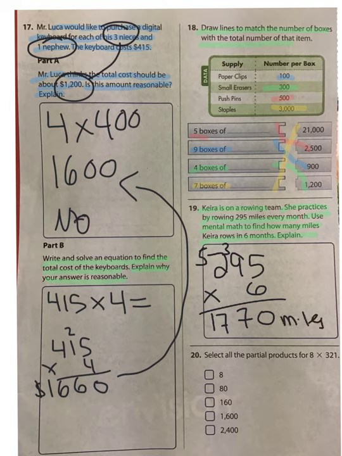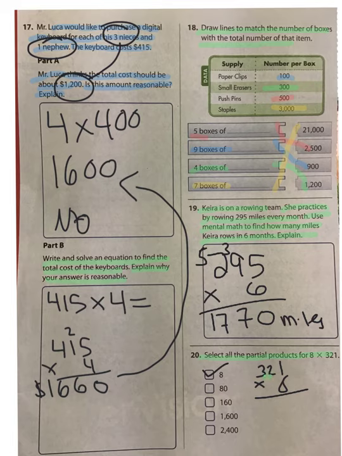Number 20. Select all the partial products for 8 times 321. If we're going to use partial products, we would have 321 times 8. So first we would multiply 1 times 8, and we would get 8. Next, we would multiply 8 times the 2, or 8 times 20.